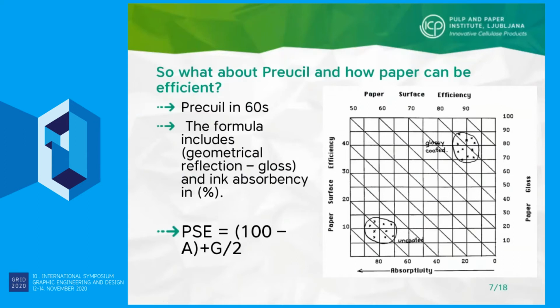Based on these two measured values, the paper gloss and the ink absorbency, he made the first initial groupings, or the matrix, of different paper types. As you can see, papers which have low absorptivity and high paper gloss have a high paper surface efficiency, and papers which are uncoated absorb more ink, have a low paper gloss, and have a low value of paper surface efficiency.